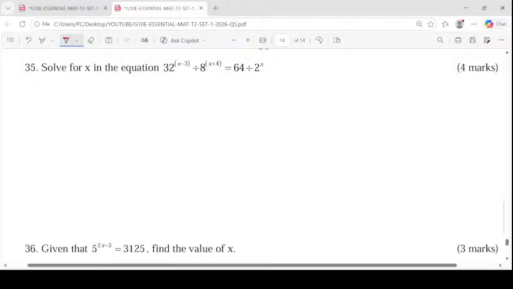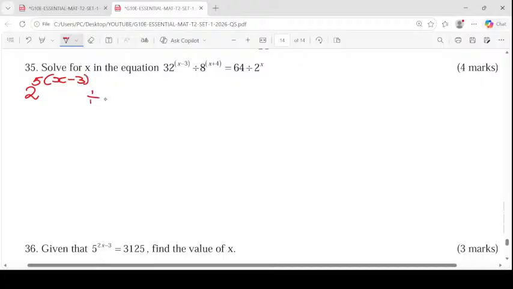Let us express everything here to base 2. So 32 can be written as 2 power 5, that is 32, of x minus 3.